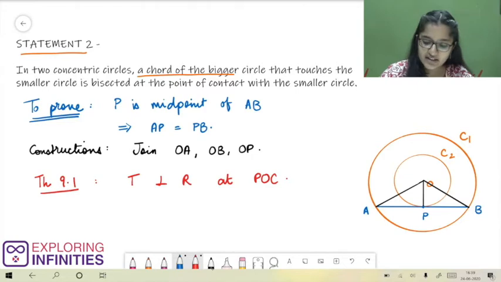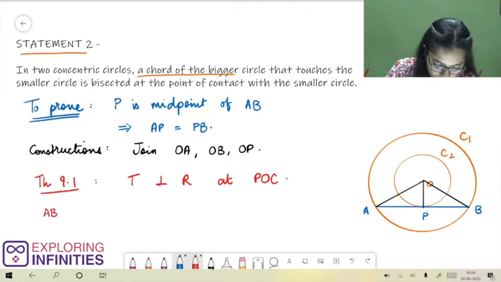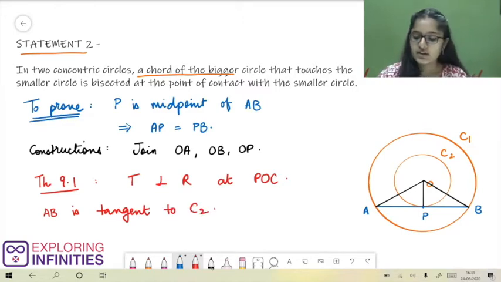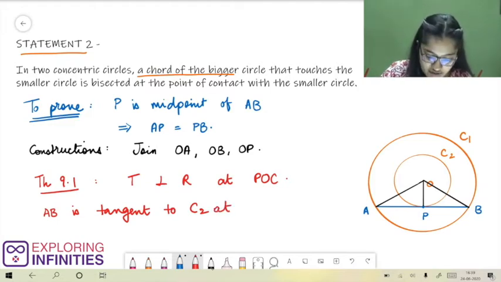So we can say that chord AB of circle C1 is tangent to circle C2. And the point of contact of this tangent is point P. So AB is tangent to C2 at point P.